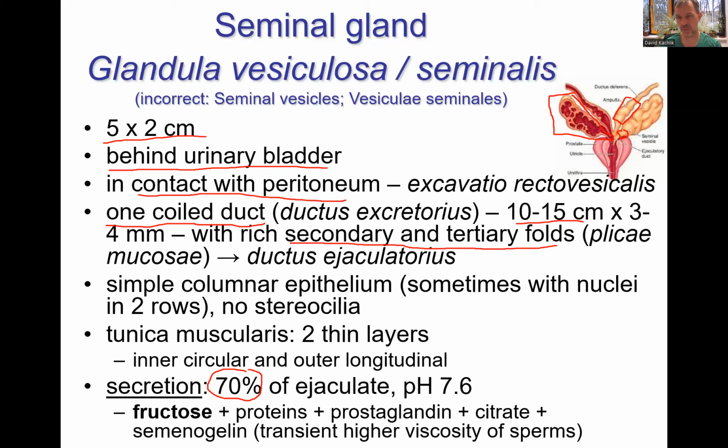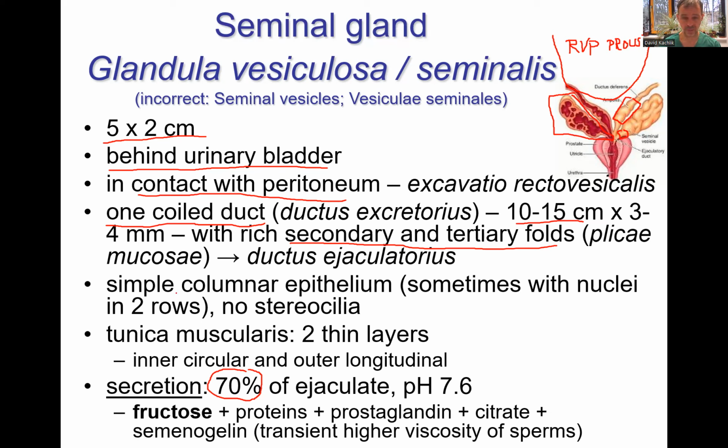The most caudal part of peritoneum, which is located here, is called the rectovesical pouch of Proust. So the most caudal part of the peritoneal cavity is in contact with the tips of this paired seminal gland.